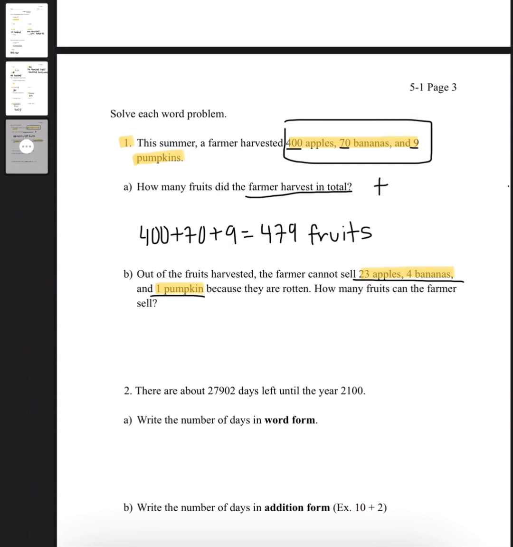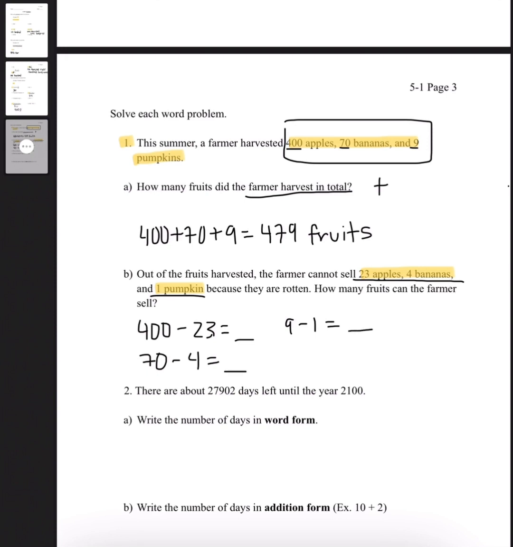For apples, the total was 400, and all we do is subtract 23. We do the same for bananas, 70 minus 4. And lastly, 9 minus 1 for pumpkins.